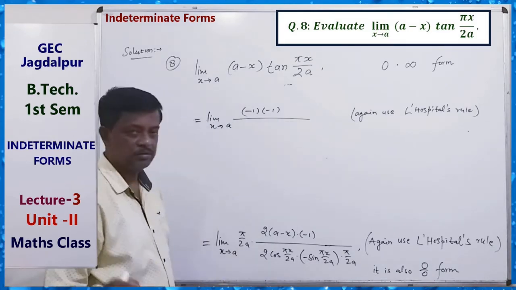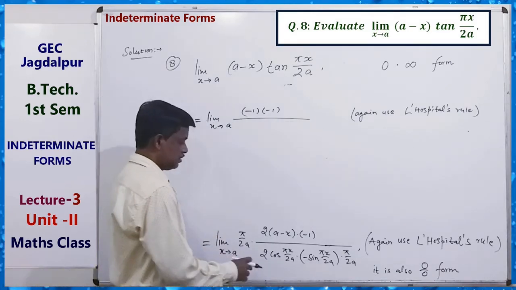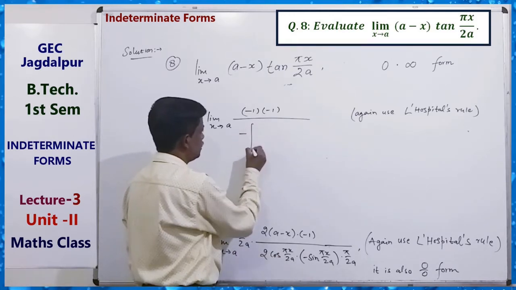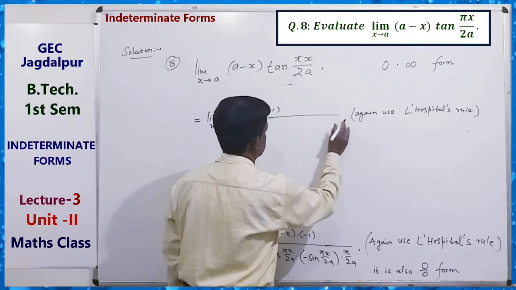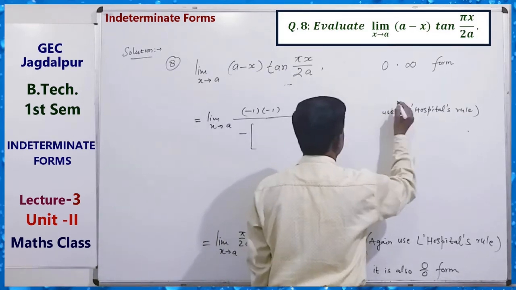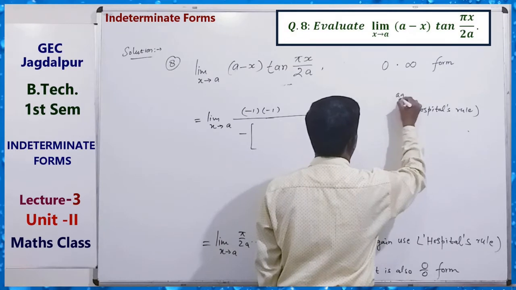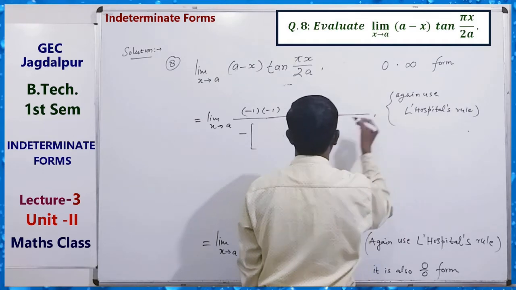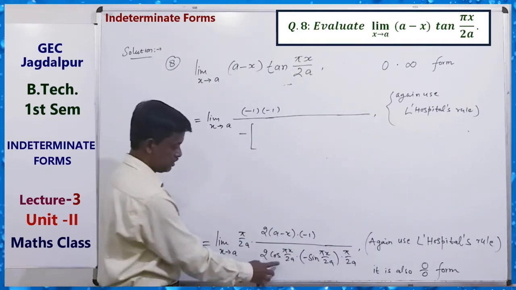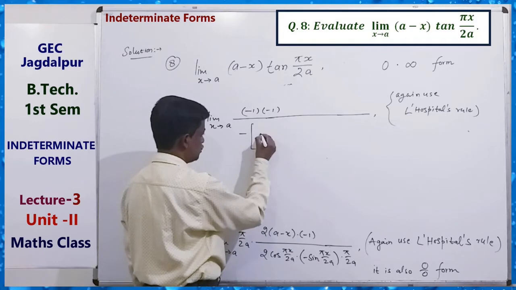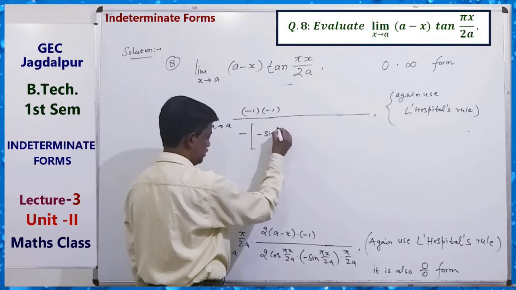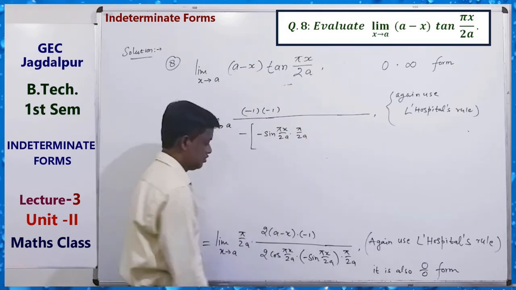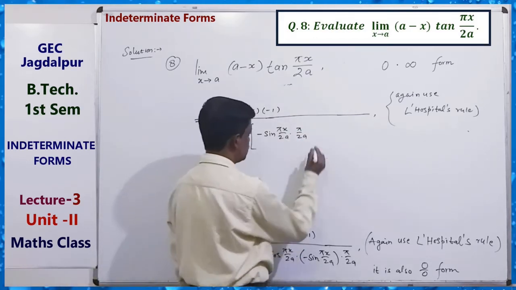So, cos and sine both are there. So, differentiate it. The first function is this, minus sign taking outside. Now, differentiate it. Cos 2x, this. So, cos means minus sign, pi x by 2a into pi by 2a. And also minus sign is there.